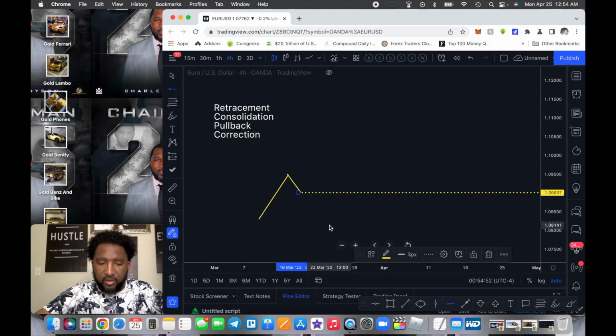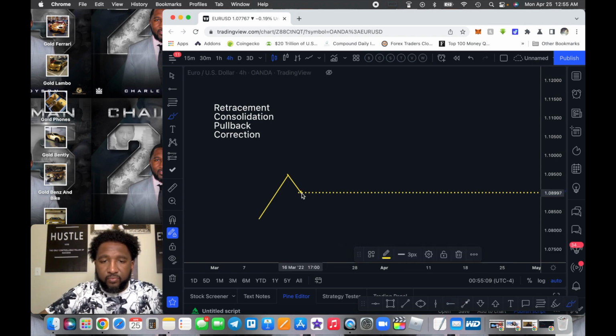Now, if you want to get a mental picture of what support really is, think of something under you, all right, a floor. It's a floor. And what the market sometimes will do is revisit a floor over and over again before it wants to make its move, okay? That can happen. But we call it a support because it's a floor. It is a floor, right?